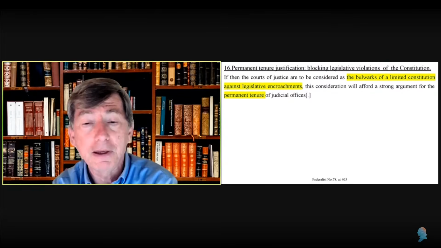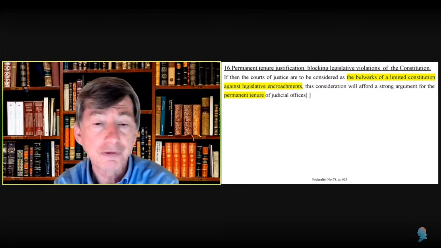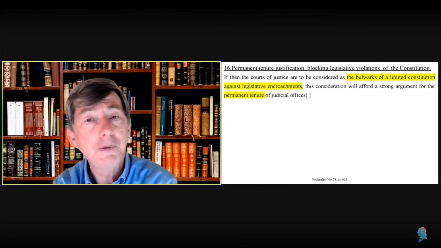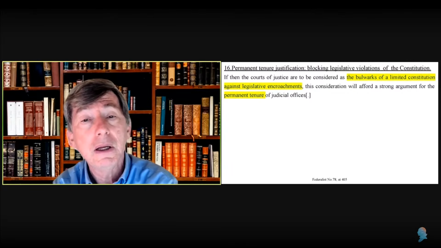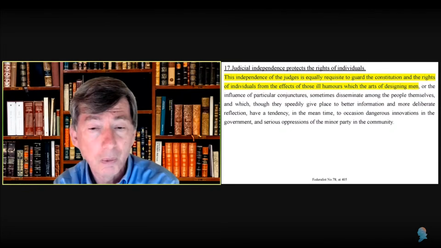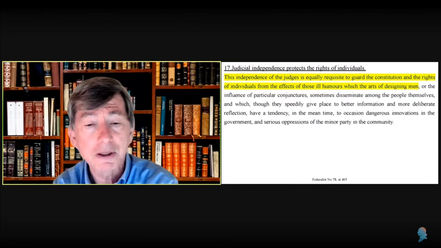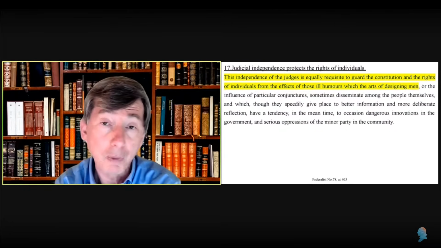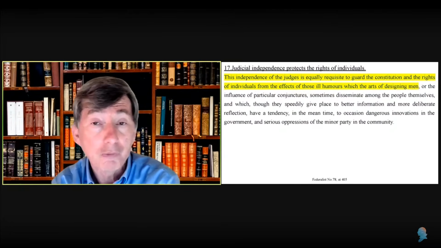Judicial independence protects the rights of individuals. The reason I have this is because I wanted to contrast it to essay number 84, which we'll be going to, because he says we don't need a Bill of Rights. Well, if we don't need a Bill of Rights, what rights of individuals are we talking about? Well, we saw the right of Marbury. That was one of the rights.